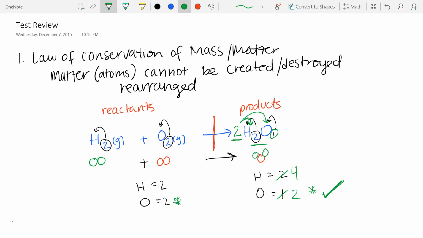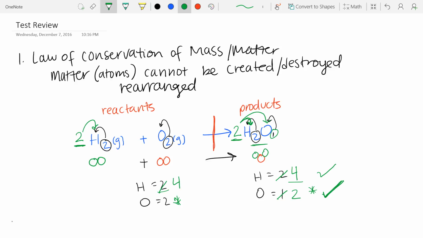So I pick the side with the lowest, which would be my reactants, because 2 is smaller than 4. And I say, okay, found my hydrogen. What number can I put in front of my hydrogen to multiply by it to make it into that 4? And I say 2 times 2 changes my answer to 4. And now both are equal and I'm balanced.